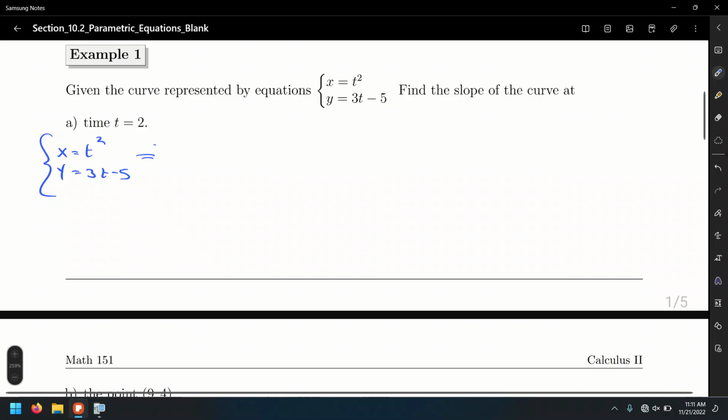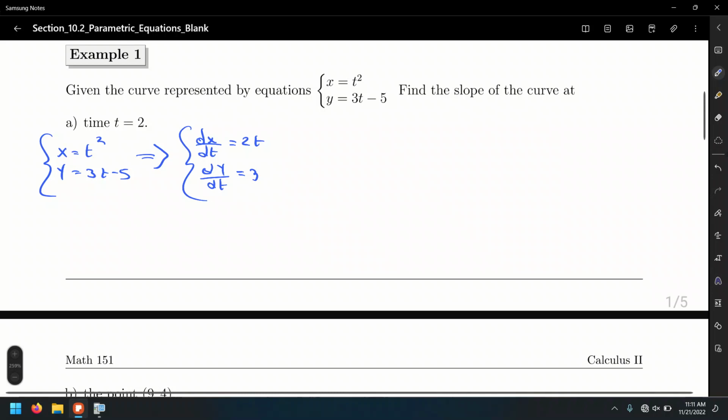That means dx dt equals 2t, and dy dt equals 3.